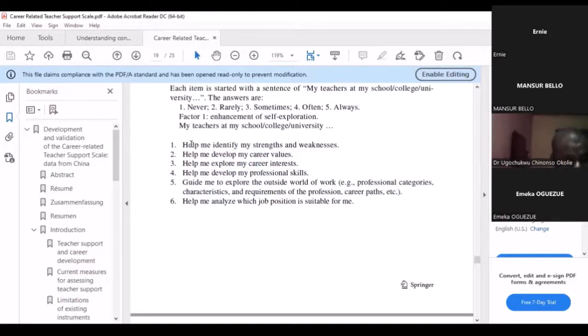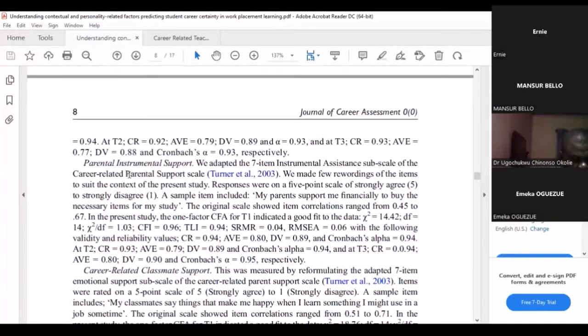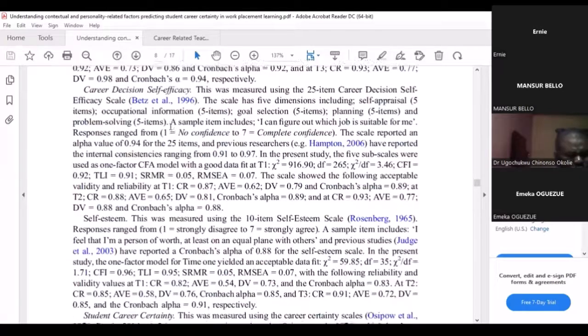If you look at our own study here, you can see that we simply adapted it. There are 5 items that we adapted for informational support. This is instrumental support, and so on, so you will keep on adapting.